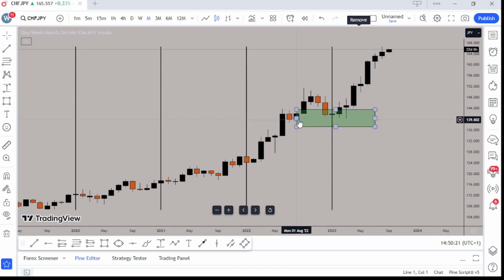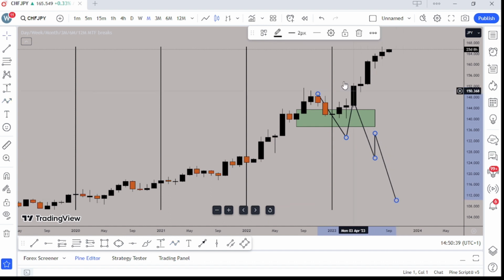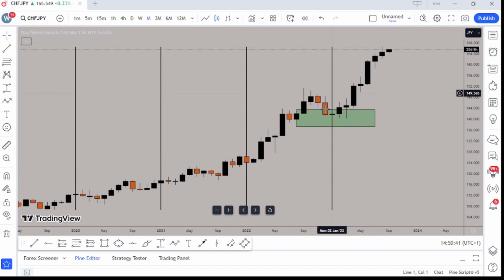So I pick this. If peradventure this zone here is taken out, this very low is taken out, fine and good, we can retest and target this base here. If this base is taken out, fine, we'll retest and keep going back down. So what will make us trade here?